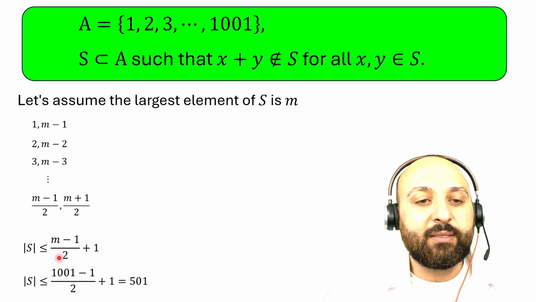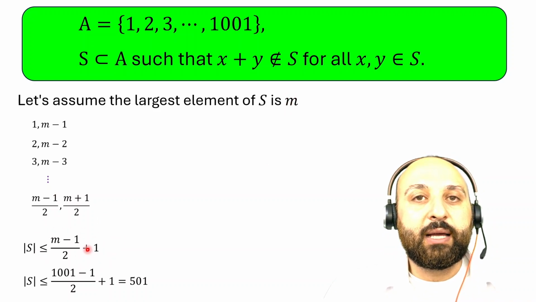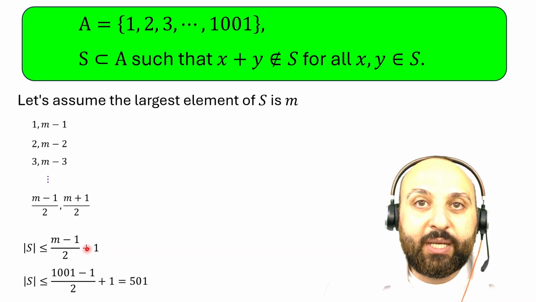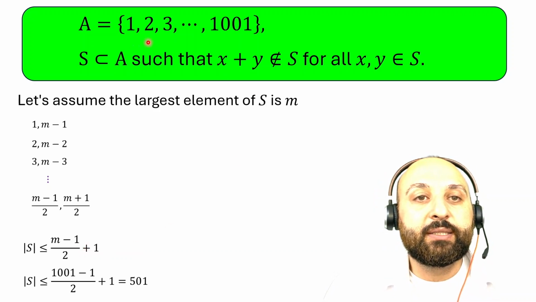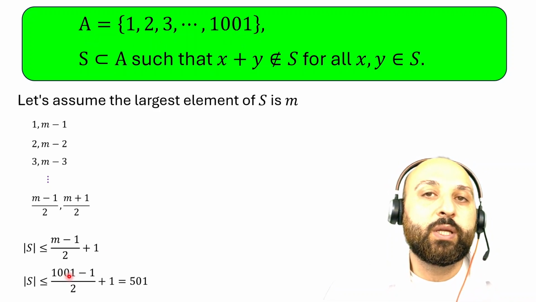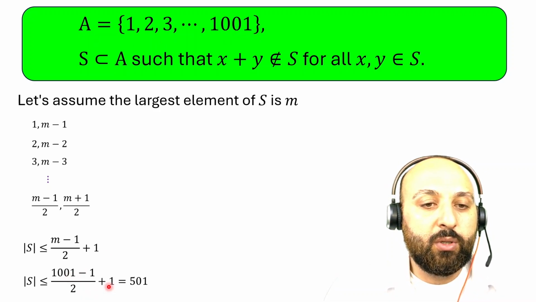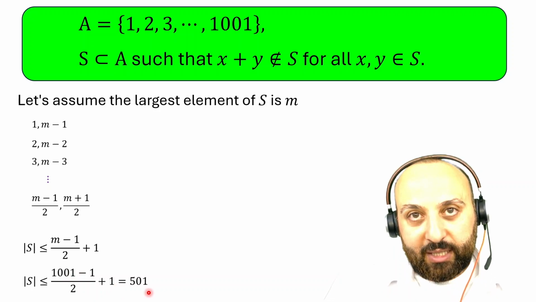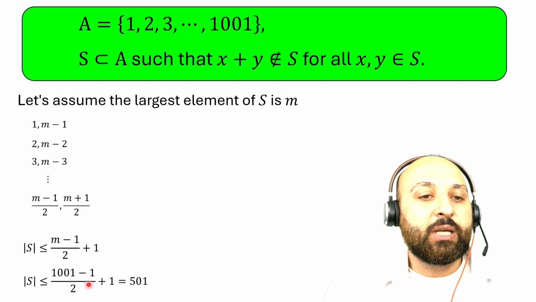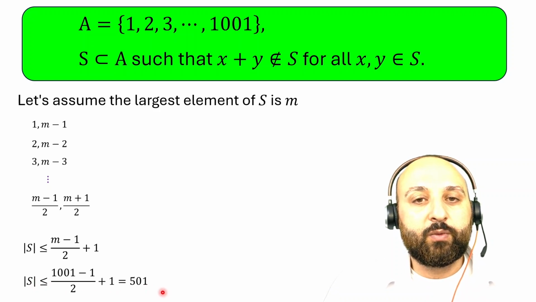Because M is odd, and the maximum odd number in set A is 1001, 1001 minus 1 divided by 2 plus 1 gives us 501. So if M is odd, the maximum size of S is 501.